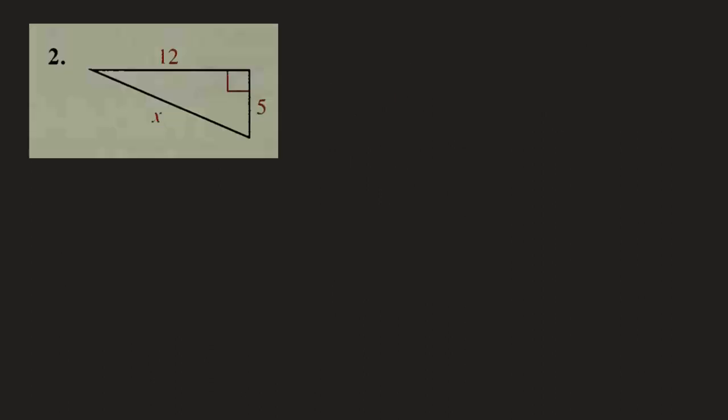Here's the second question. Another right triangle. All of these are going to be right triangles. I'll go in with my A squared plus B squared equals C squared. I'm going to fill in the C. The C is opposite the right angle, so that means it's X. So this is going to be X squared, and we have now the legs.